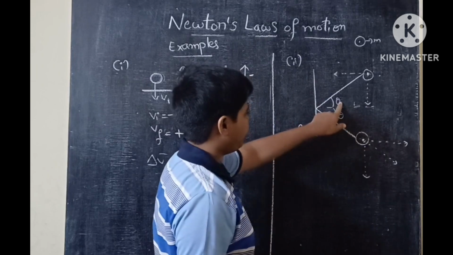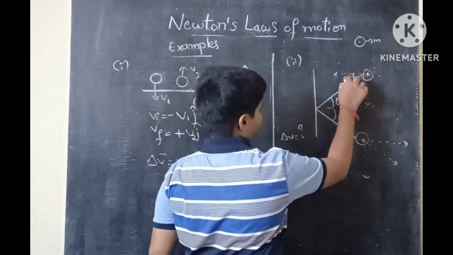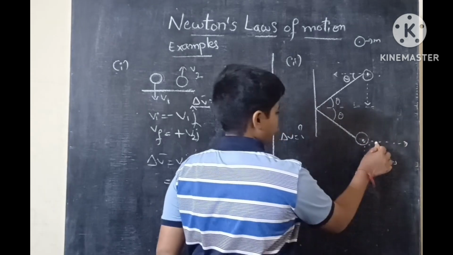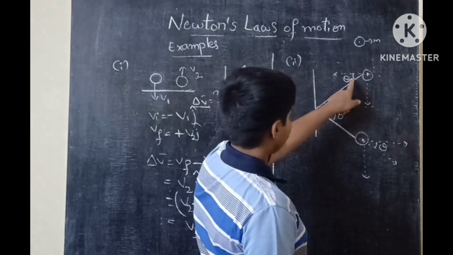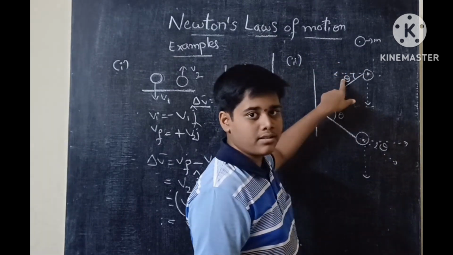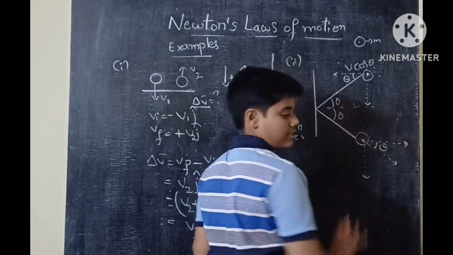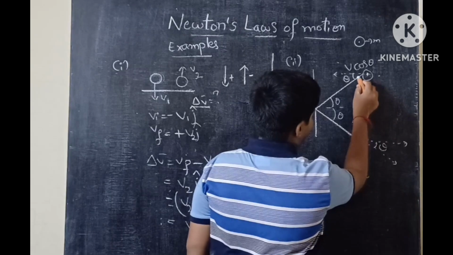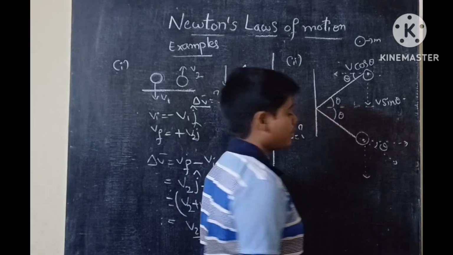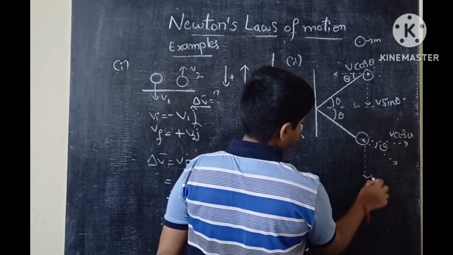If this is theta, then this is also theta according to the transversal. Here the line adjacent to the angle theta means cos theta, so this is V cos theta. Velocity is V, and the side not touching the angle means V sin theta. The angle touching gives V cos theta, the angle not touching gives V sin theta.